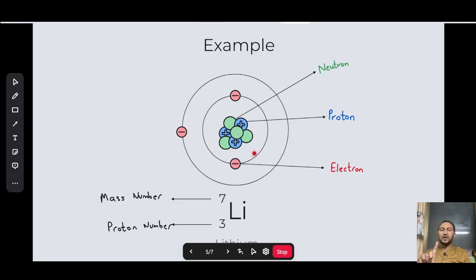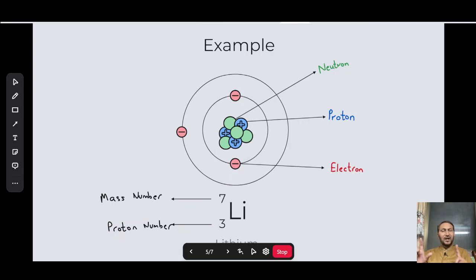And remember that the number of electrons is always equal to the number of protons. Whatever the proton number of an element, the same will be the number of electrons. Protons and electrons are always equal.